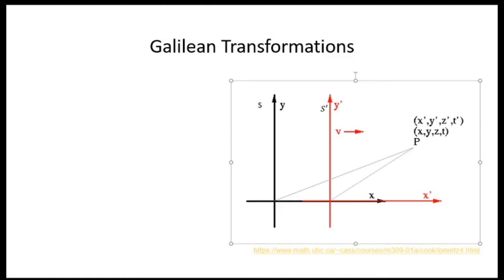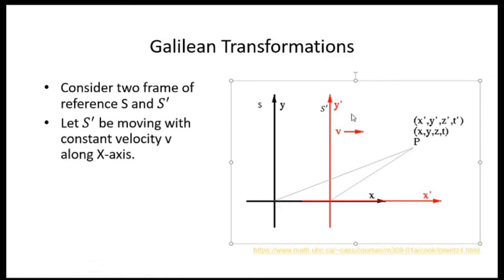So observe this figure. Now there are two frames of reference. One is shown in black. I have shown only two axes here, x and y. The third axis z can be somewhere perpendicular along this direction. So consider two frames of reference, S and S dash.